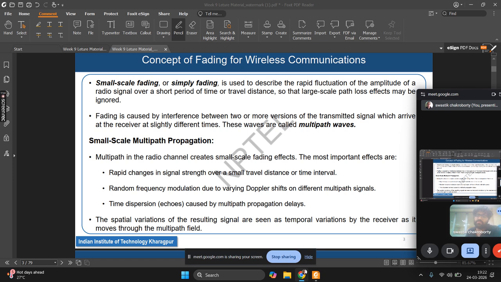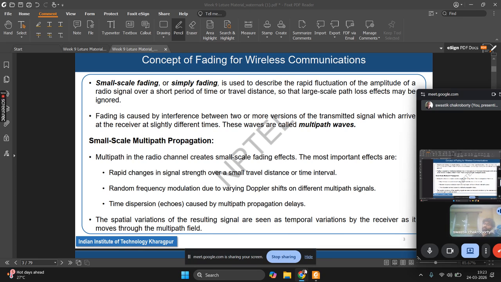Now this is one aspect, the delay aspect. Another aspect is the Doppler aspect, that the receiver or the transmitter or both of them might be moving. If there is a relative velocity established between them, we know that the frequency shift is directly proportional to the relative velocity.